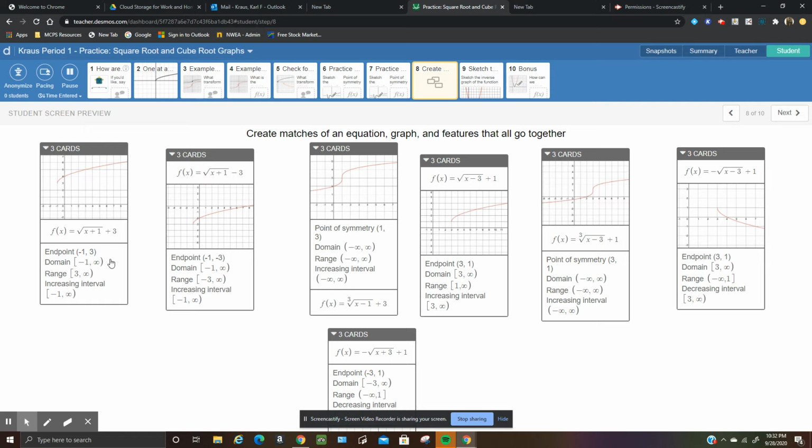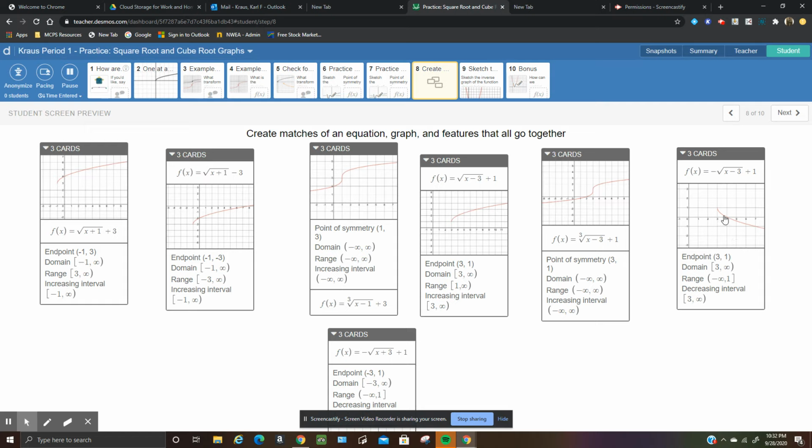So this looks right. This first card on the left, this one looks right now. This one looks right. And this one looks right. This one, point of symmetry 3, 1, domain and range increasing, that looks right.